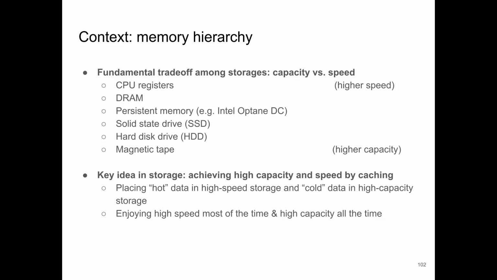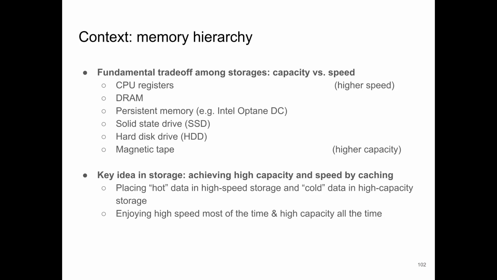But the problem is that it has a very small capacity, or it is not very dense. You can only have tens of registers inside a CPU. The reason is that in order to support a very high speed, the capacity should be somehow limited. This trade-off goes on with other kinds of storages as well.